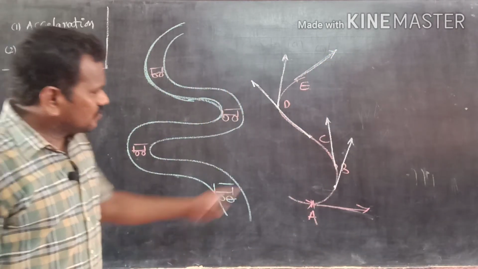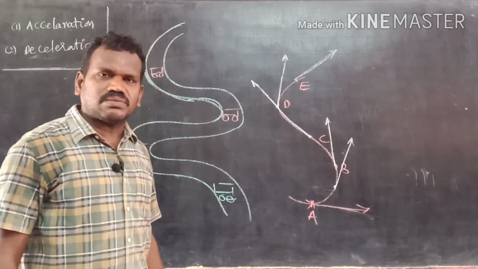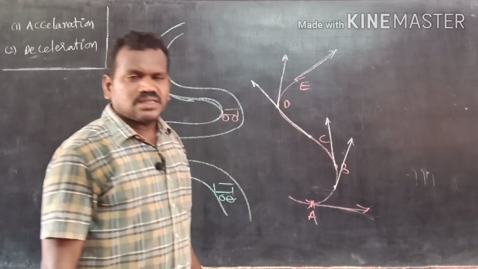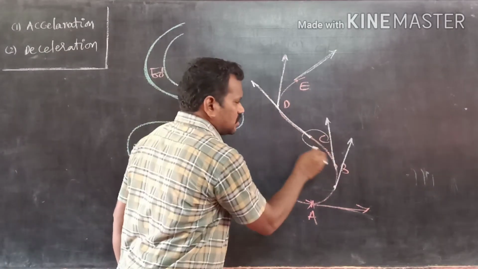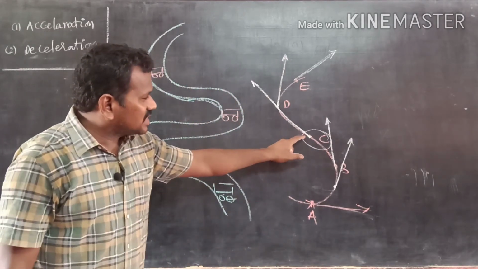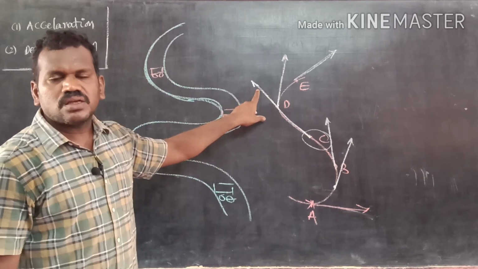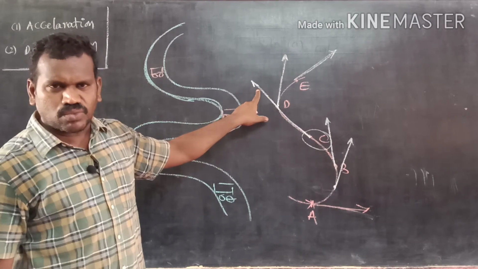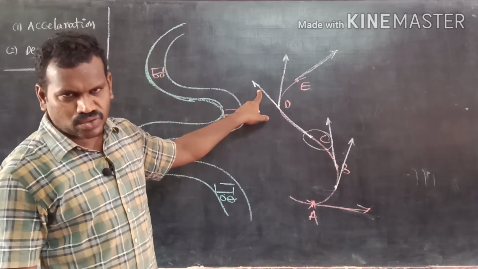See now, in which case is the velocity maximum? At what point is the velocity maximum? Absolutely the answer is C. As the tangential length is more, velocity is also more, then automatically acceleration is also more.